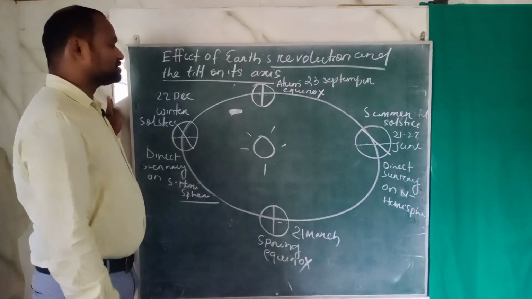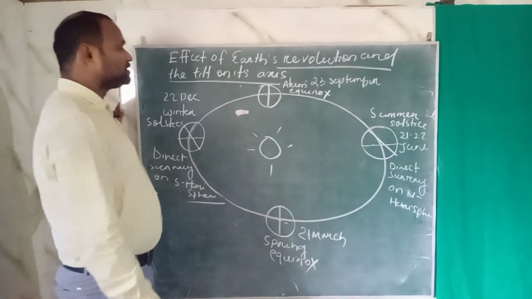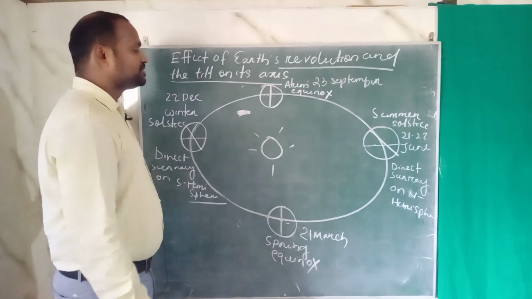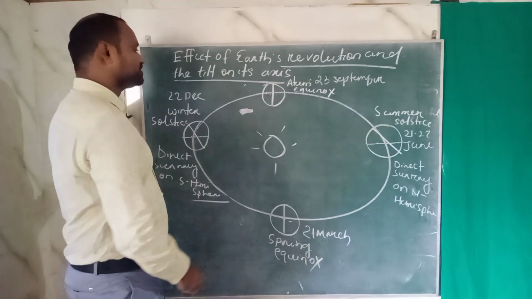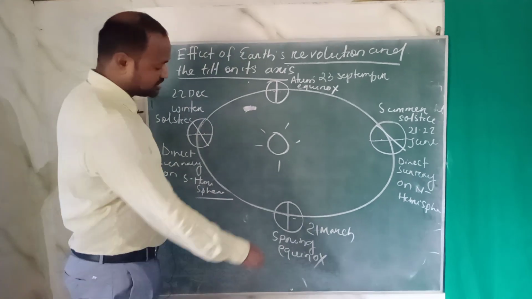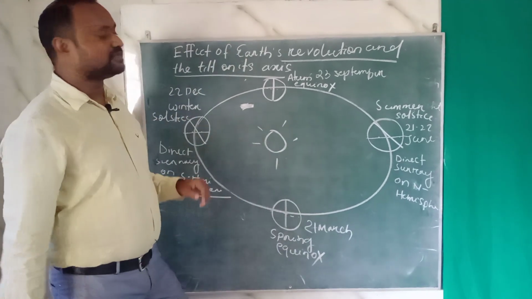So let's discuss, students: while the earth revolves, it makes some positions, and these positions are known as summer solstice, autumn equinox, winter solstice, and spring equinox. So what are they?